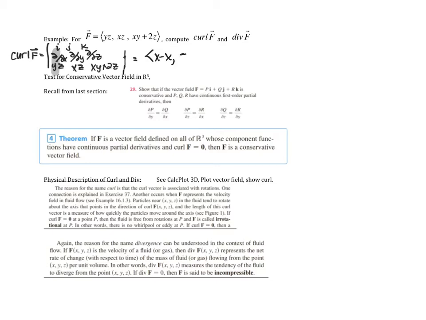And then the j component is negative, so think of crossing out this column. We take the partial with respect to x here, which is y, minus the partial with respect to z here, which is y.